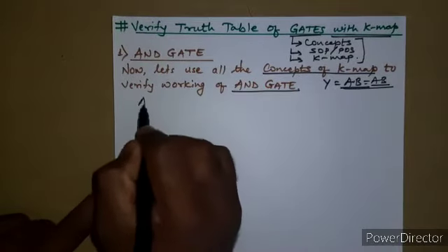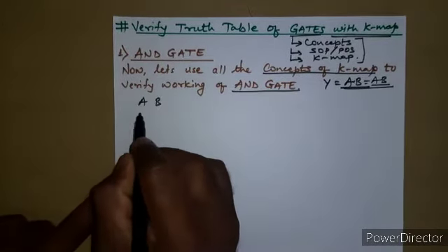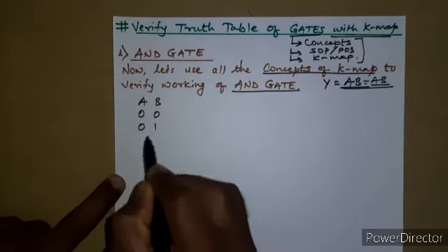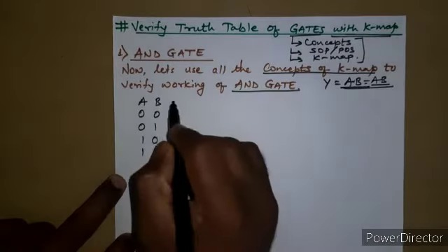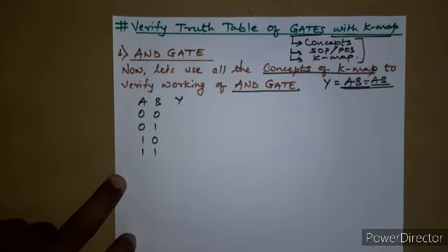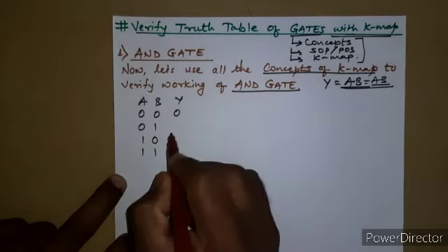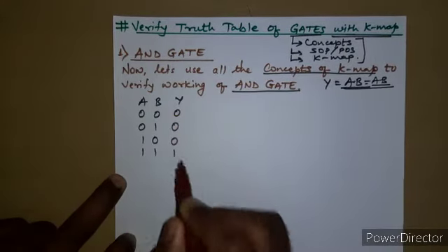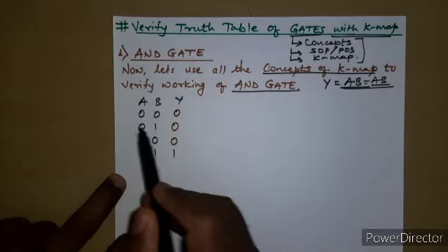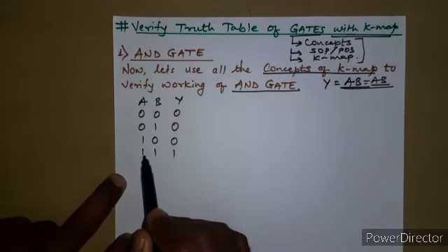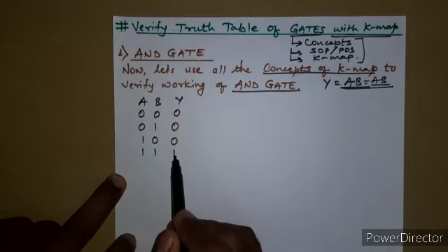A, B: 0 0, 0 1, 1 0, 1 1, and this is the output Y. The output is 0 0 0 1, because if any of the inputs is 0, the output is 0. If all the inputs are 1, the output is 1.